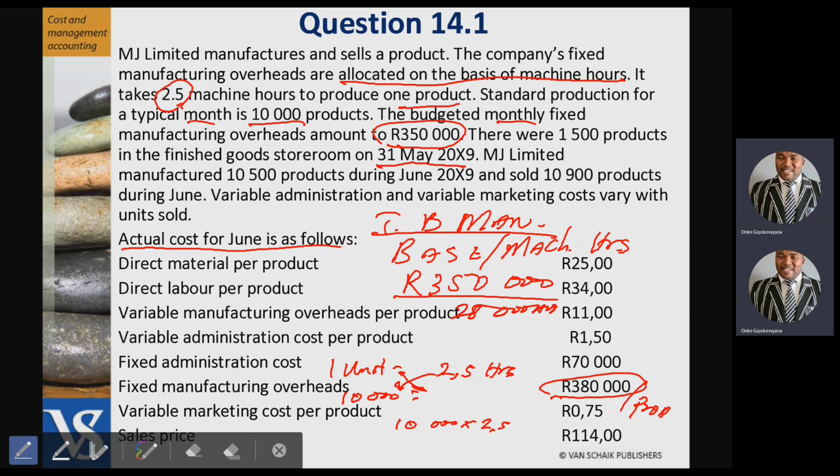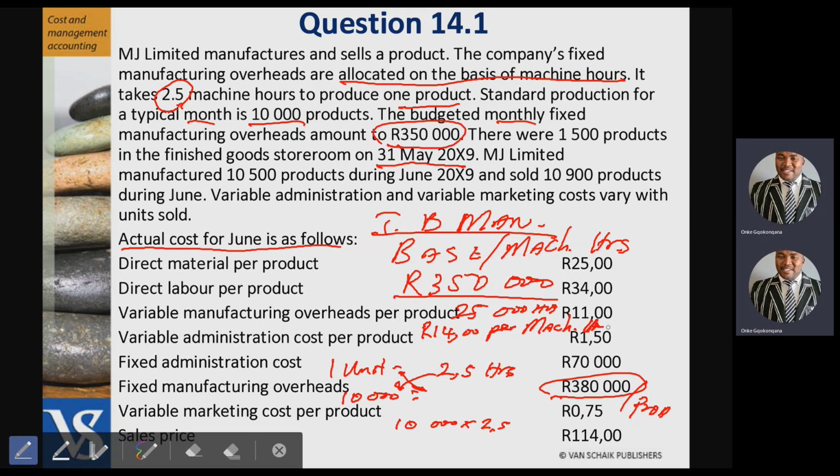So these are the number of hours we take to produce 10,000. So we use that and say 350,000 divided by 25,000. Therefore, you've got 14 rands per machine hour.